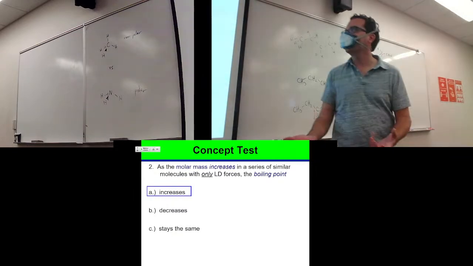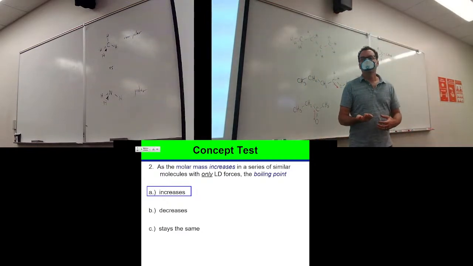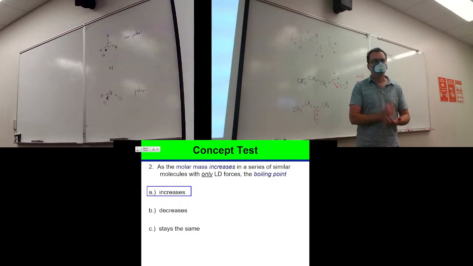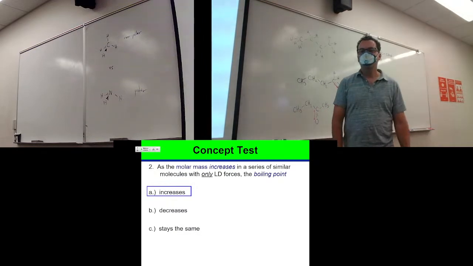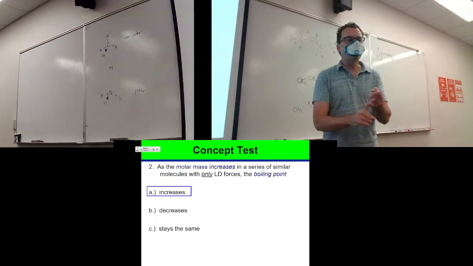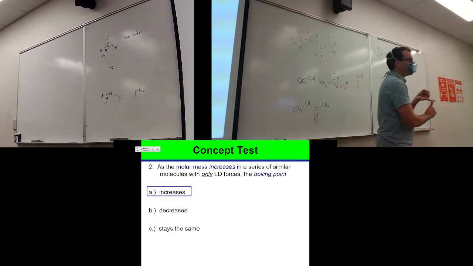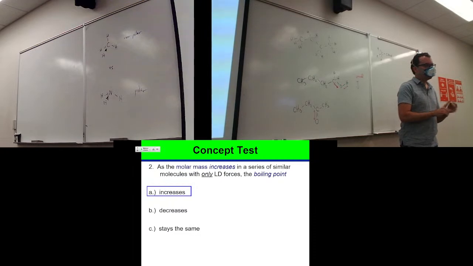The more electrons you have, the more possible London dispersion forces you can do, and the higher the intermolecular forces, the higher the boiling point. There's more to it. We're going to get to the shape of the molecule, and other things, but hopefully we've started you off. So we still need to talk about hydrogen bonding too. We have to talk more about London dispersion forces, but we'll get through the IMFs.